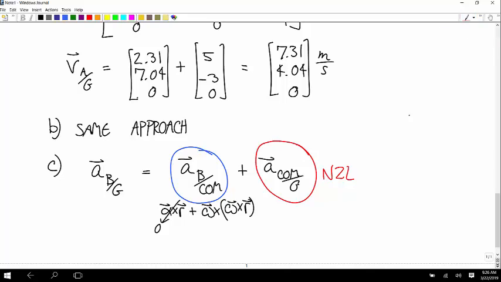And we're going to have to calculate this from the moment equation.